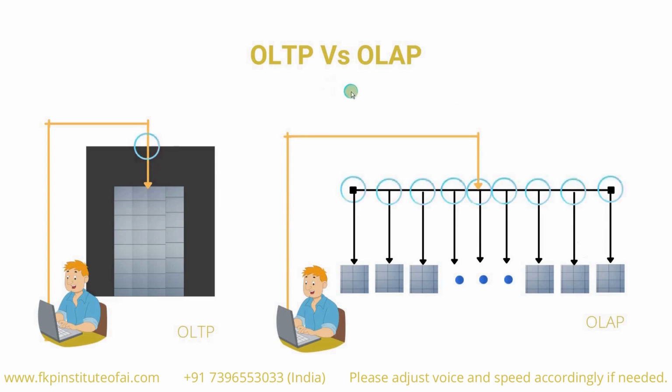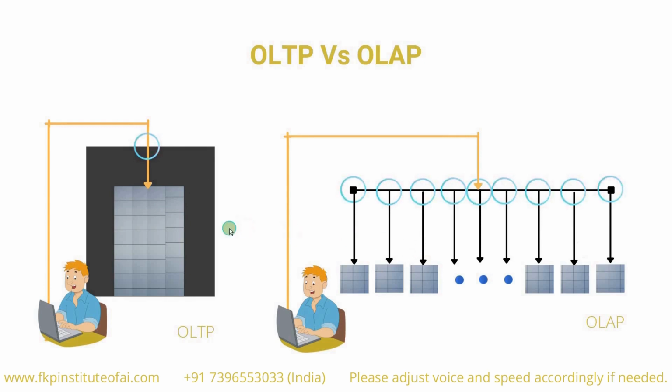And in case of OLAP systems, OLAP stands for Online Analytical Processing Machines. Alternatively, we can call them data warehousing databases, or people call them MPP systems, massively parallel processing systems. OLAP systems are used to collect the data from OLTP systems and keep the data ready for business reporting, or you can say to generate the reports so that people can take flexible decisions over the business.